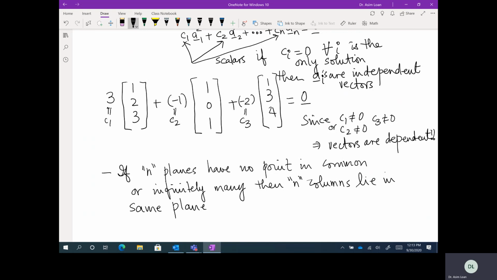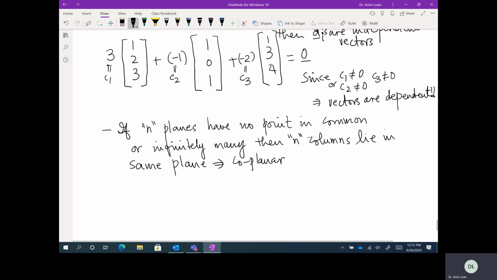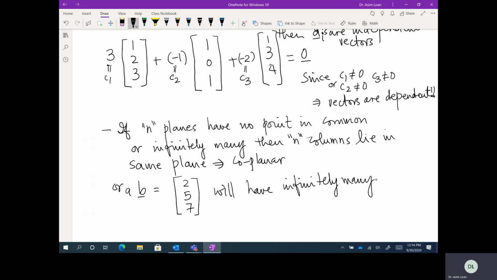Simply means they are coplanar. Or for our case, a b which is this one will have infinitely many solutions.